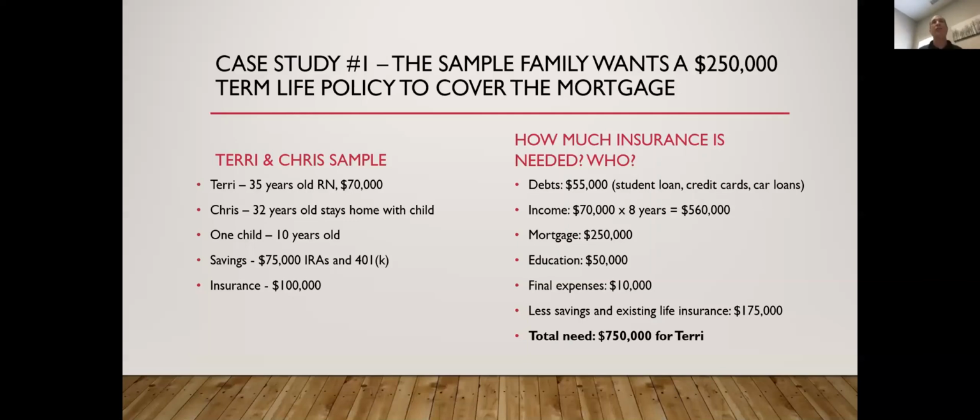If Terry were to pass away, Chris would have to go back into the workforce. I don't know Chris's previous education or experience, but if he's been home with the child, he may not easily find a high-paying job. He'd also have to consider childcare expenses for a few years till the child gets a little bit older.